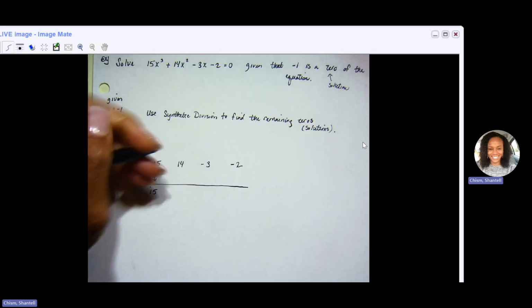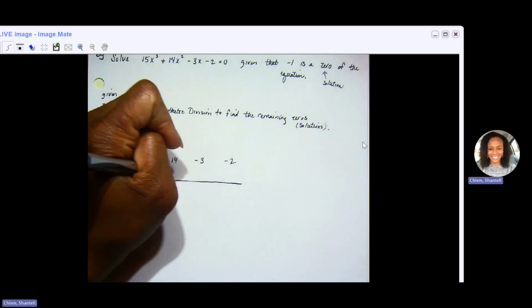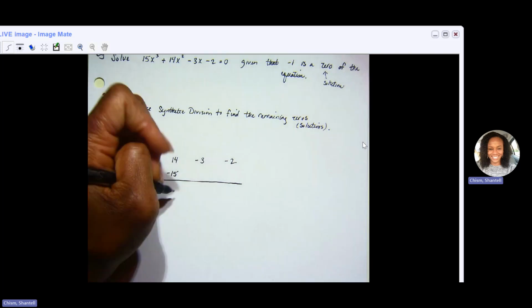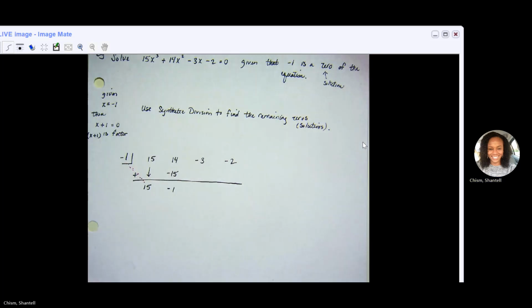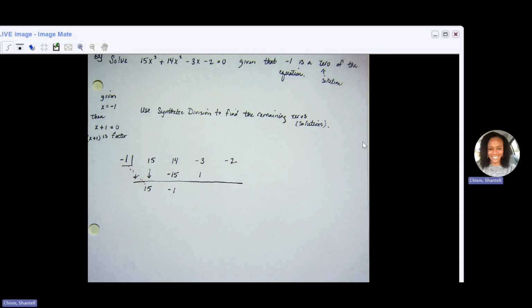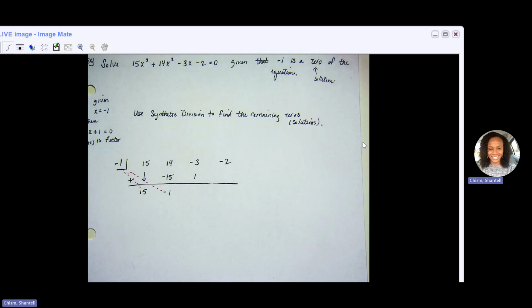So -1 times 15, that gives me -15. I add 14 and -15, that gives me -1. -1 times -1, that gives me a +1. Right here, I multiplied -1 times -1.